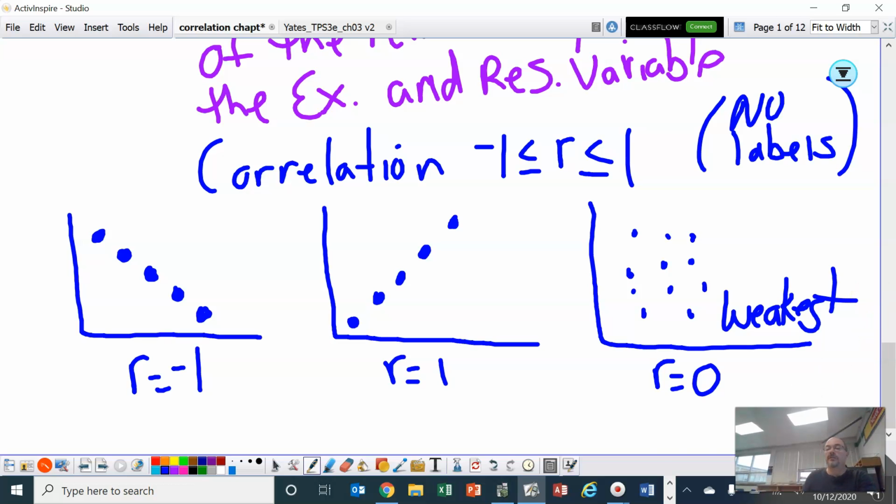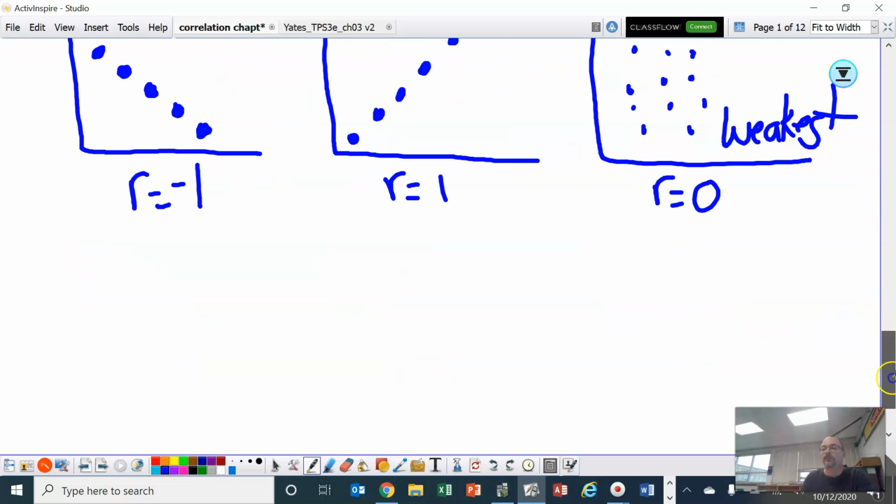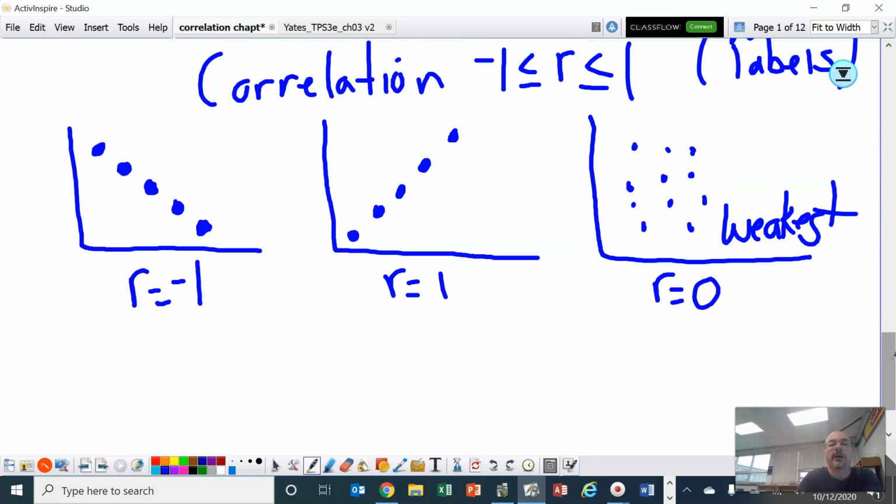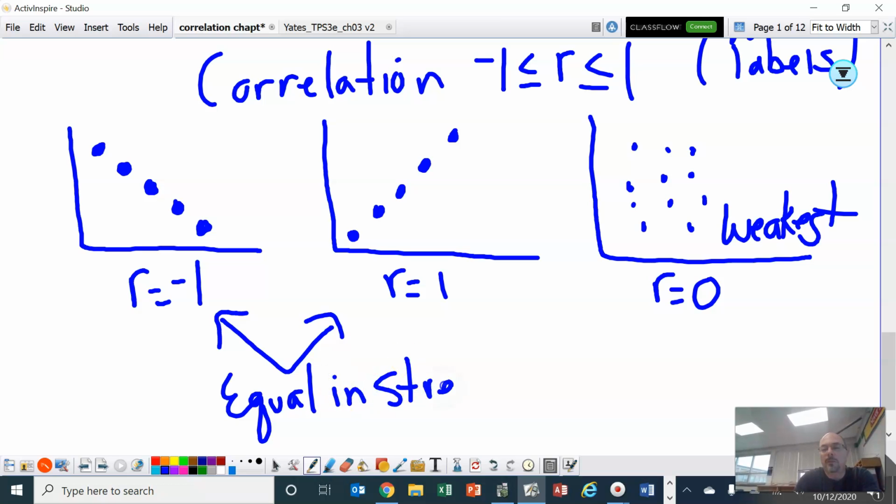Now, as far as the -1 and the +1 goes, they are equal in strength. Again, let me repeat that.